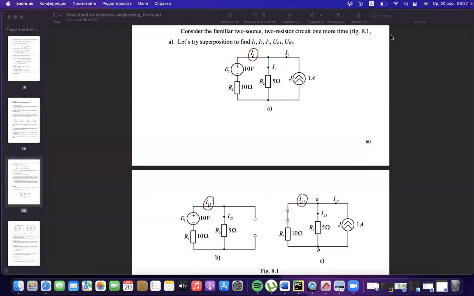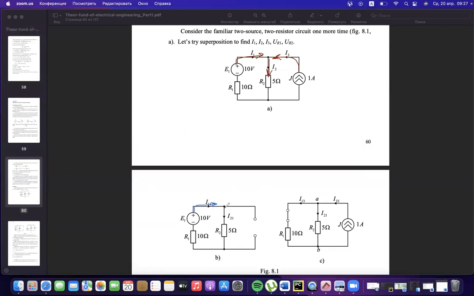Let's move one step earlier. We are looking for currents I1, I2, and I3. But in the first partial circle, we have the electromotive force.